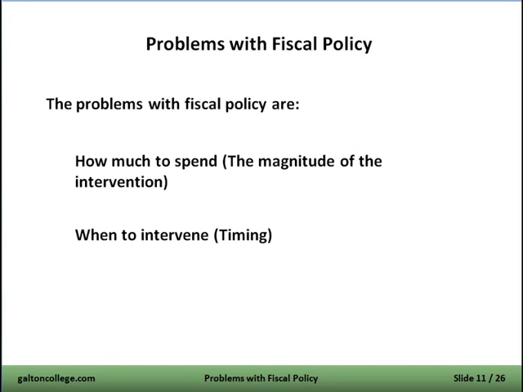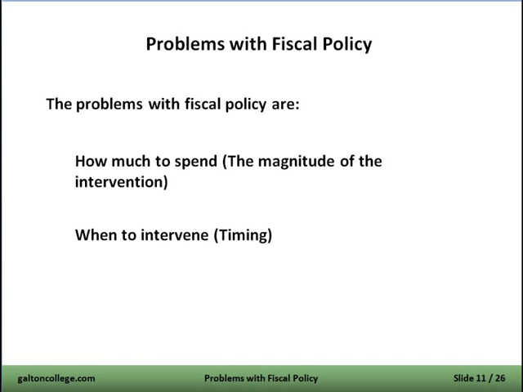However, there are problems, and these are significant problems. The first is, how much should the government put in? So when the economy is entering into a recession, how much should the government spend if it's going to be an interventionist government as advocated by John Maynard Keynes? And secondly, when should it put it in?